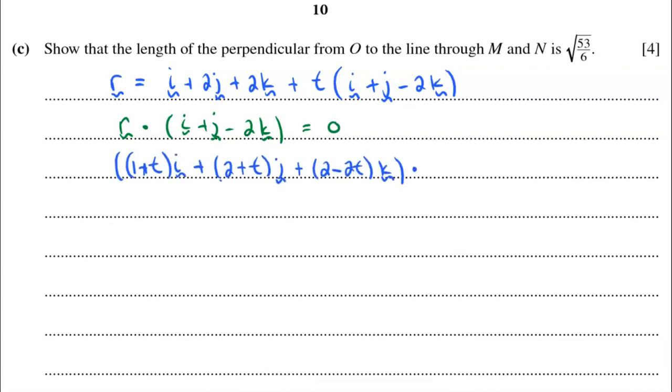And we're going to do the scalar product with i plus j minus 2k, and that equals 0.